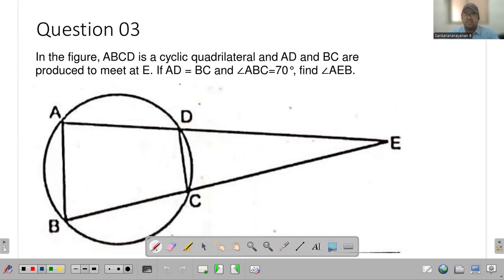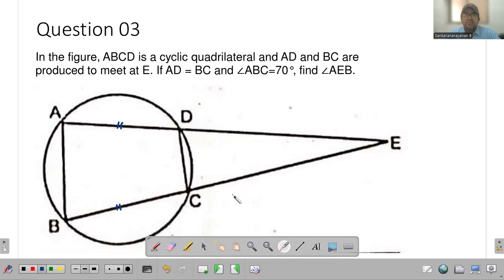Okay, so let me present all these details in this diagram. It's given that AD is equal to BC. So this length AD and this length BC, I can see that they are equal in length.